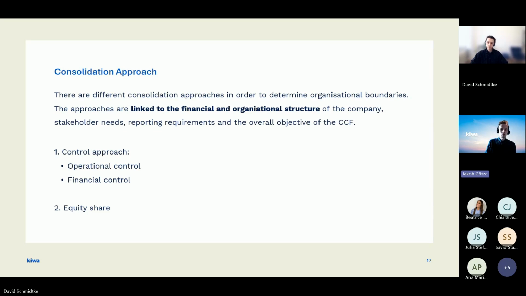And the equity share approach, which is not allowed under the CSRD reporting, is when a company accounts according to the share of equity in operations. It is very important to apply the chosen approach consistently over time and to ensure comparability of results over several years.